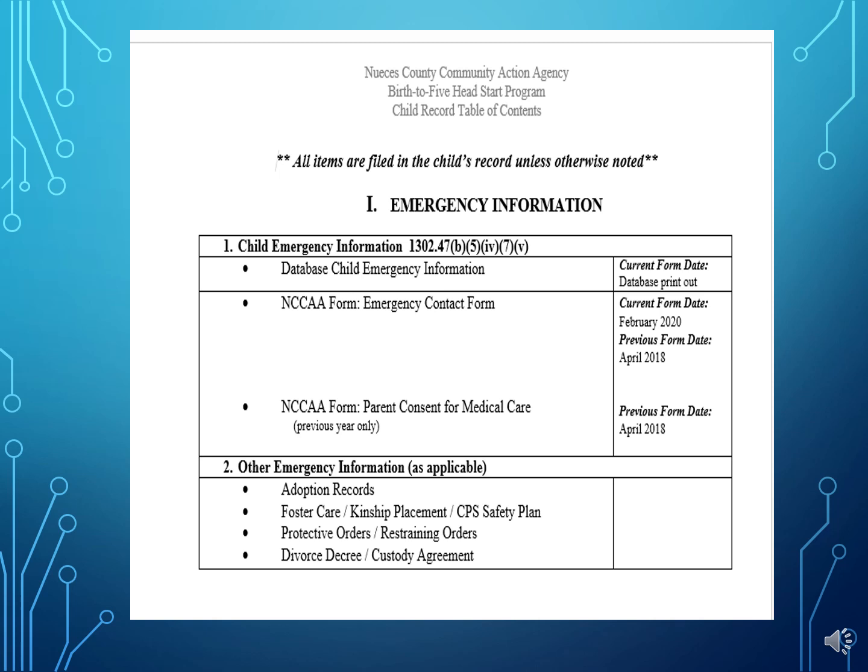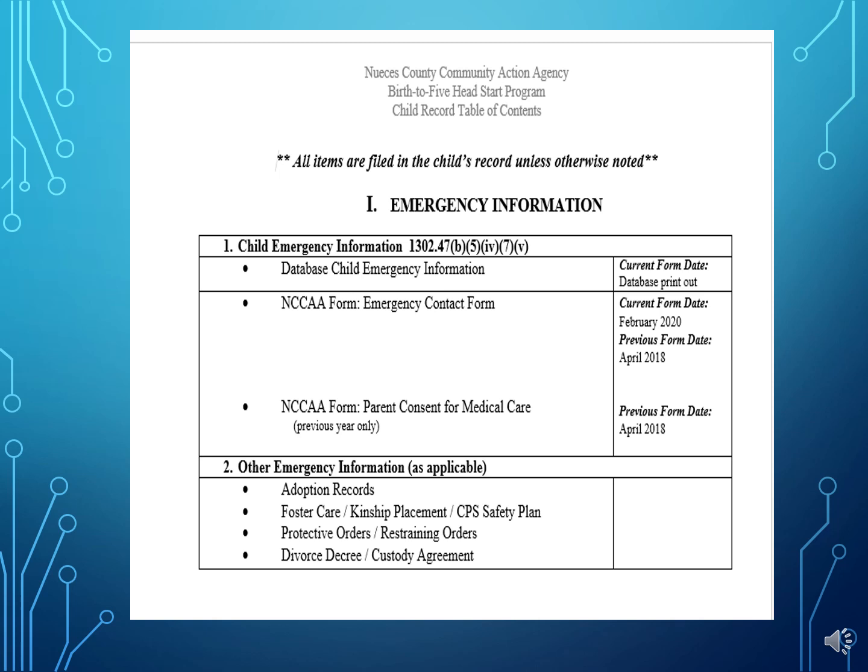Then we have the NCCAA emergency contact form, the manual form that the parents will actually fill out. This form has been updated with the new date of February 2020 on it. Then we have the NCCAA form for parent consent for medical care.